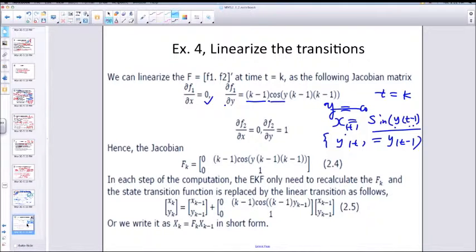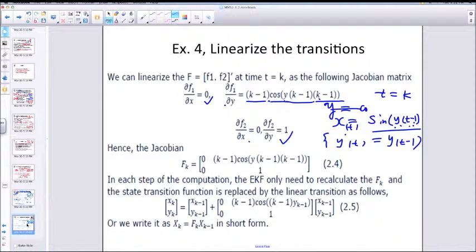And then take the derivative of sine, cosine, and then y at k minus 1, that's y at the last step, and times the t minus 1, that's k minus 1. That's how you take the Jacobian. But the second one is easy. y equals itself, take the derivative with respect to x is 0, take the derivative with respect to y, it's going to be 1.